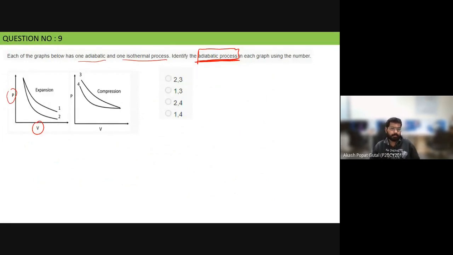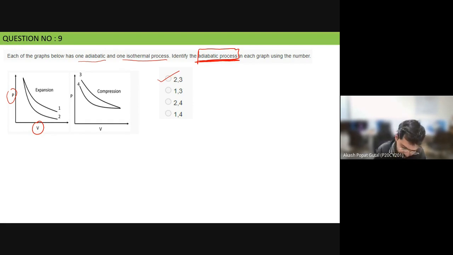Try this, because this doesn't require any calculation. Yes, A. A is the right answer. Good.